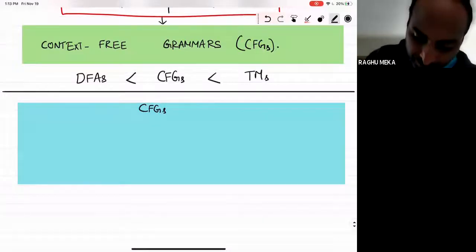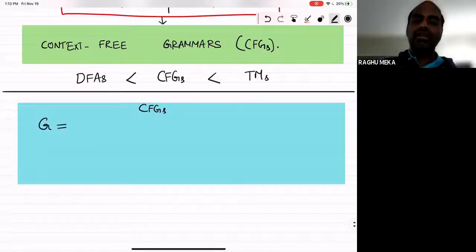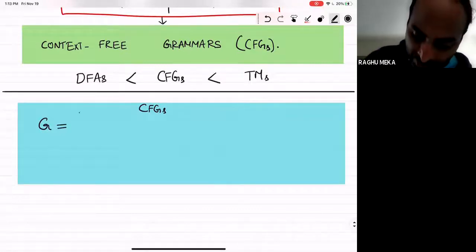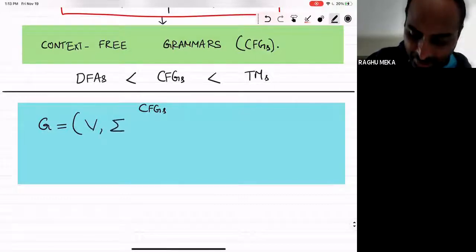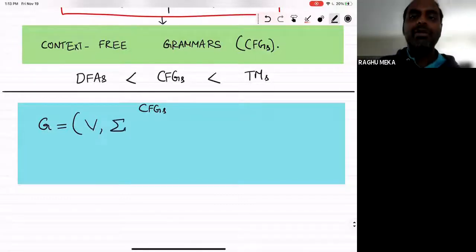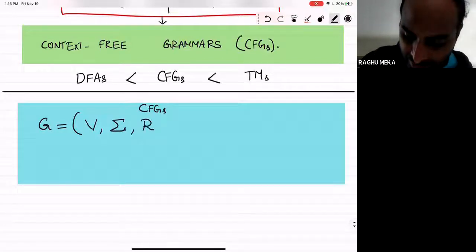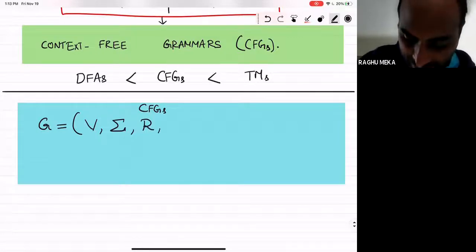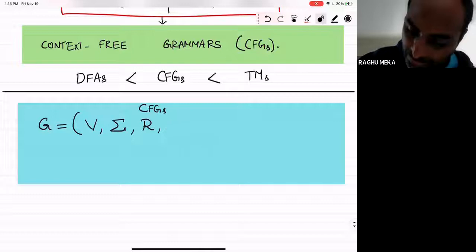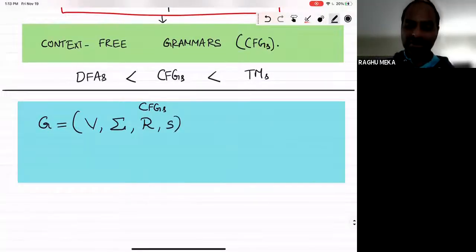Okay. So a context-free grammar G is really a 4-tuple. So you have some set V, some alphabet or space of terminals, some R, which is going to be a set of rules, and S. Okay, I'll tell you what these are in a bit.